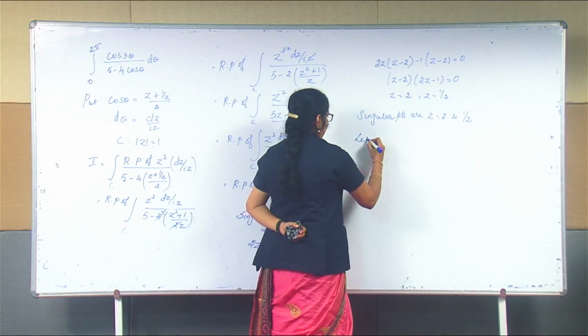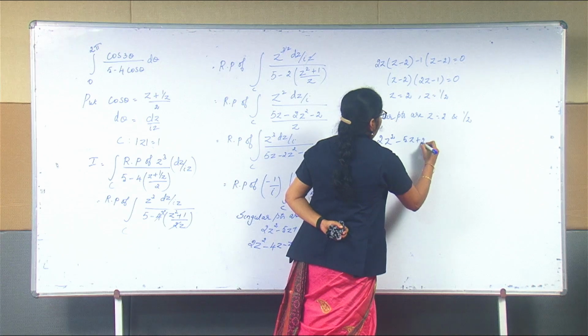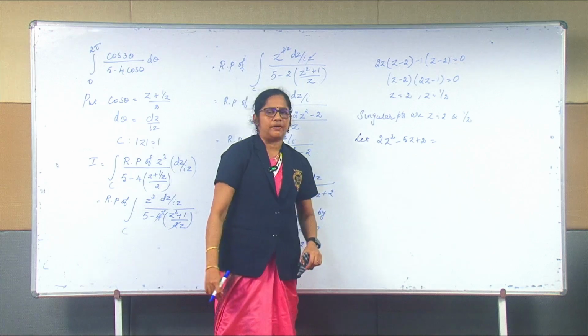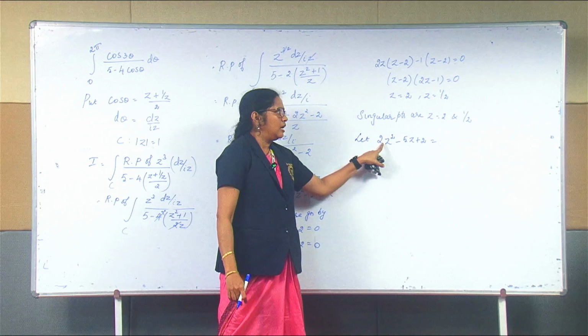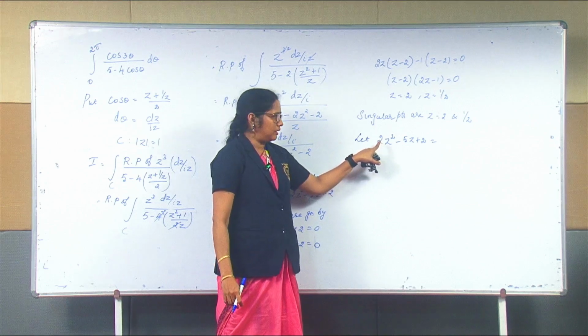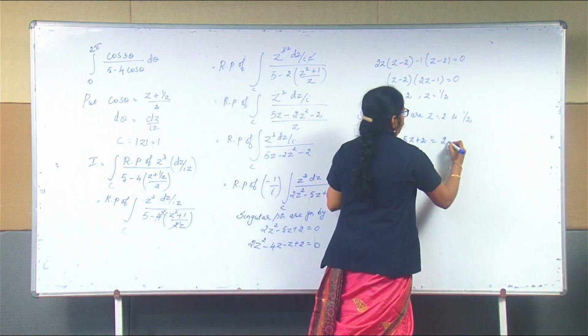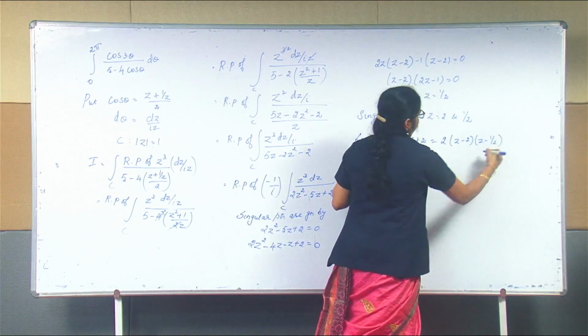So considering the denominator, 2z square minus 5z plus 2. Already I told you, since the first term is not other than 1, that term is multiplied by the first. So it is 2 into z minus 2 into z minus half.